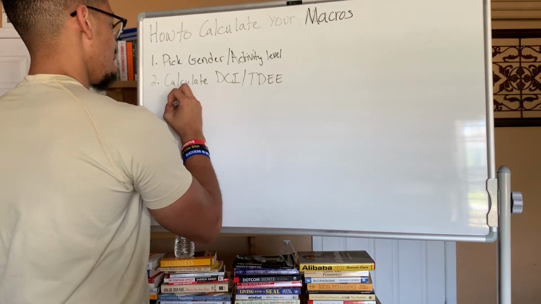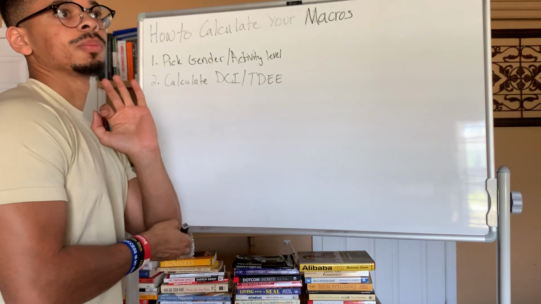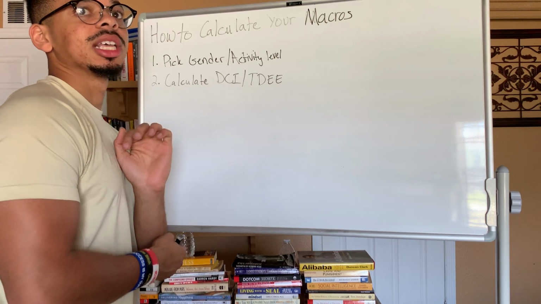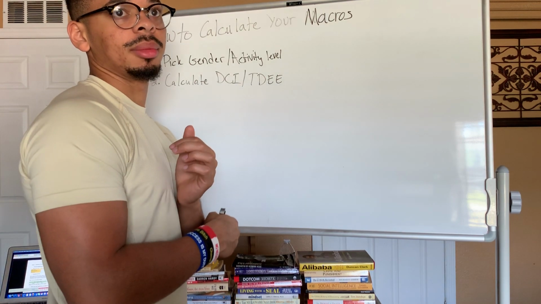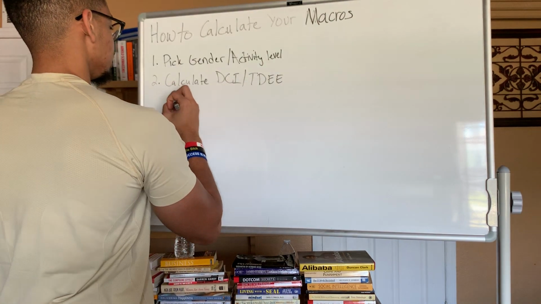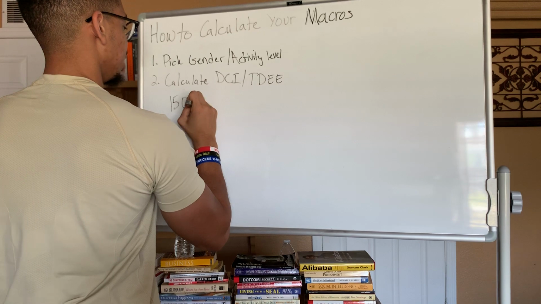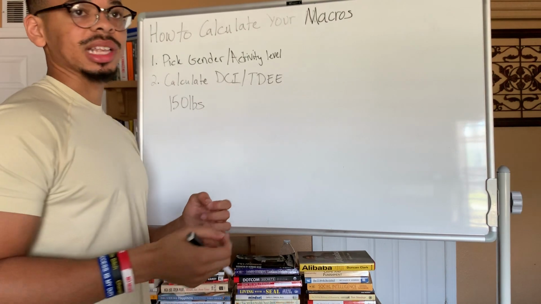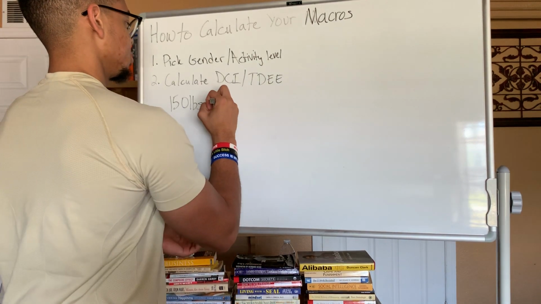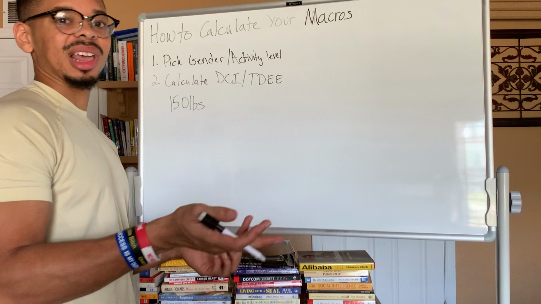So let's just say this is going to be for female, male. Let's make it simple. Let's say this is for a male that weighs 150 pounds, right? So male, 150 pounds, and he's moderately active, goes to the gym maybe 3 days a week. So 3 days a week, he would be in the middle, so he'd be 15.